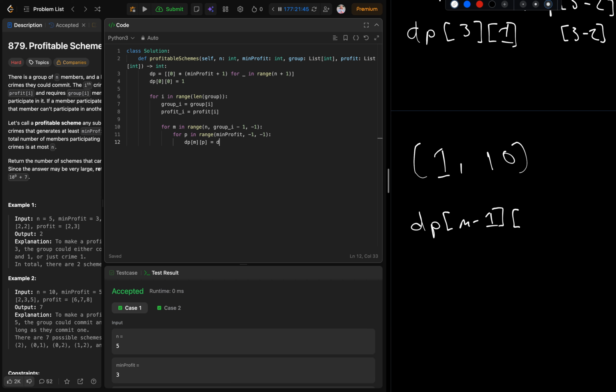So it's dp of mp plus the dp of, if we had m minus group I men and the max between 0 and P minus profit I.